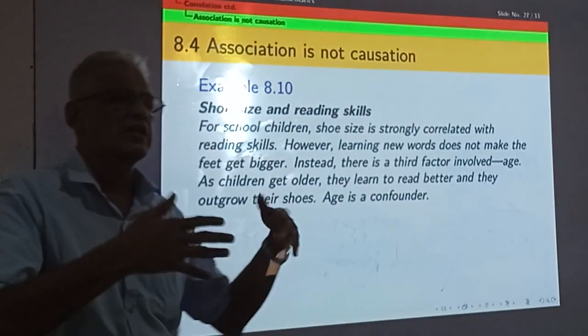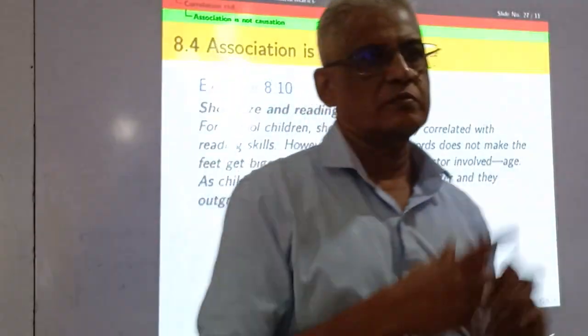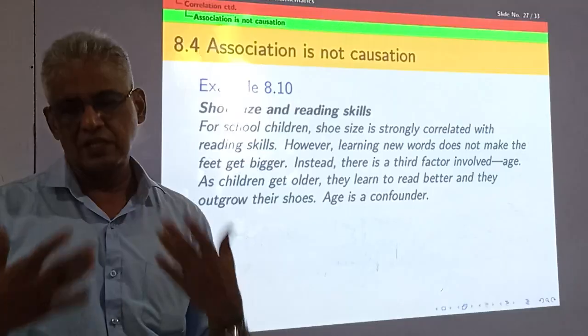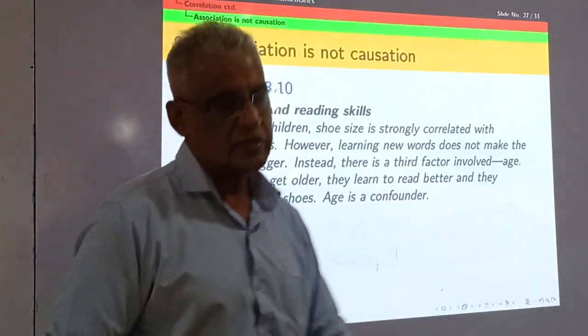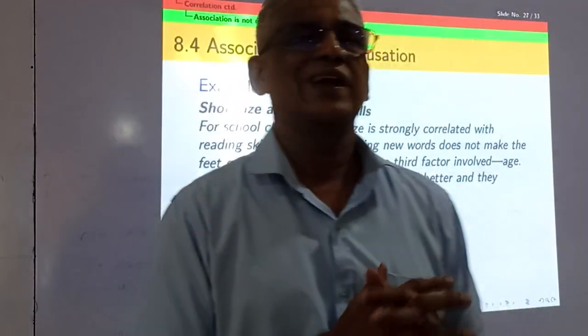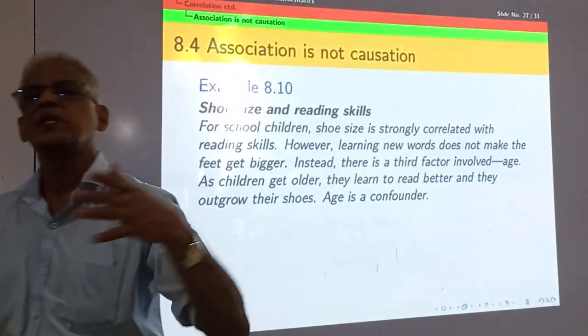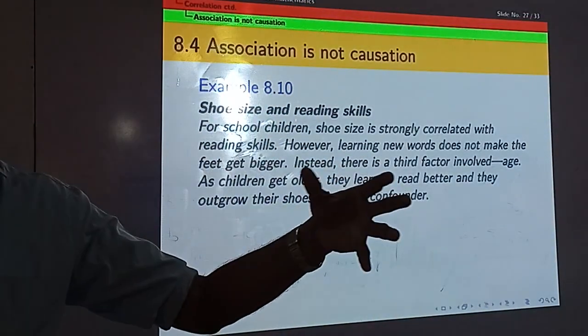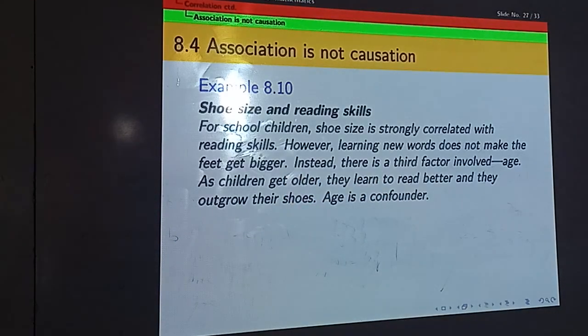You can say there is a very high association between X and Y, linear association or something, but generally we cannot talk about a causation unless we do an experimental study, because there are so many other things which may also influence the relationship. Therefore, we cannot say just one variable is causing the other one. Maybe there are so many other things causing that also. Therefore, they have to be careful.